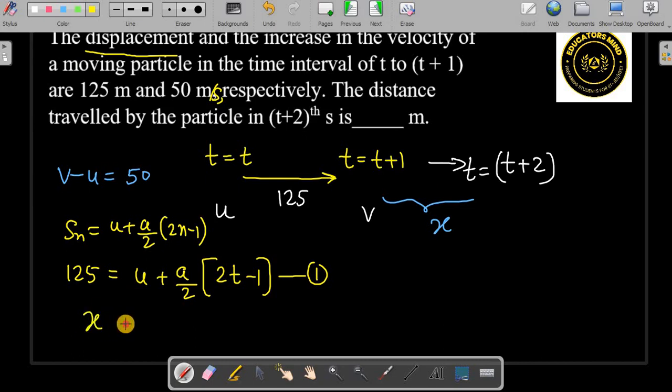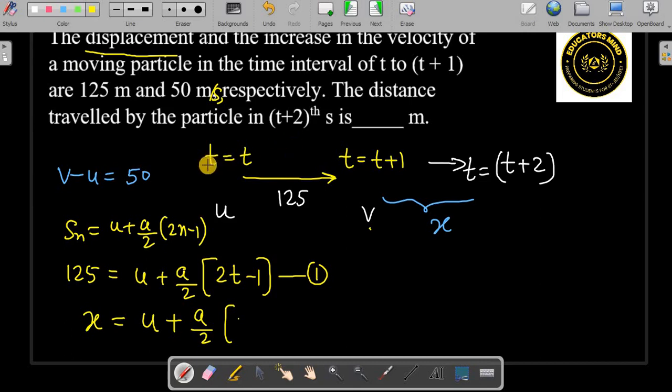So what will be x? Now here it is v we have to start with, this is the initial velocity v we are taking. So v plus a by 2, here it will be the t plus 1th second. So I think should we keep u the same or different? I think we should keep the same initial velocity.